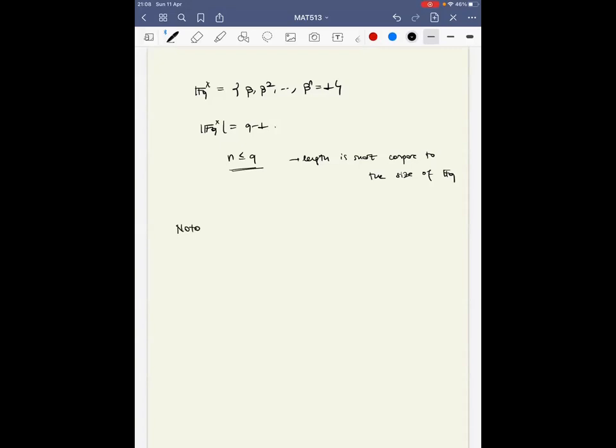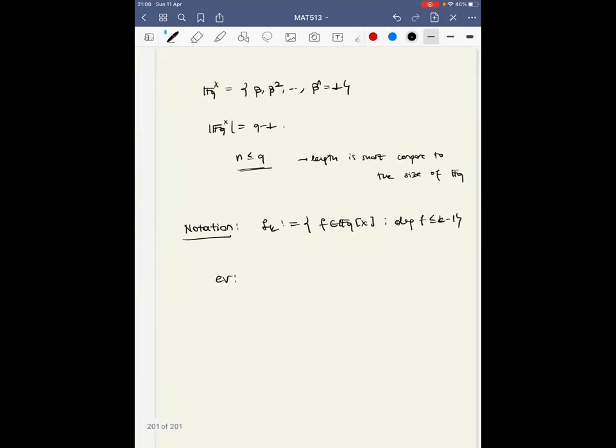And for the vector space consisting of polynomials of degree at most k minus 1, let me use the notation Lk for given k.